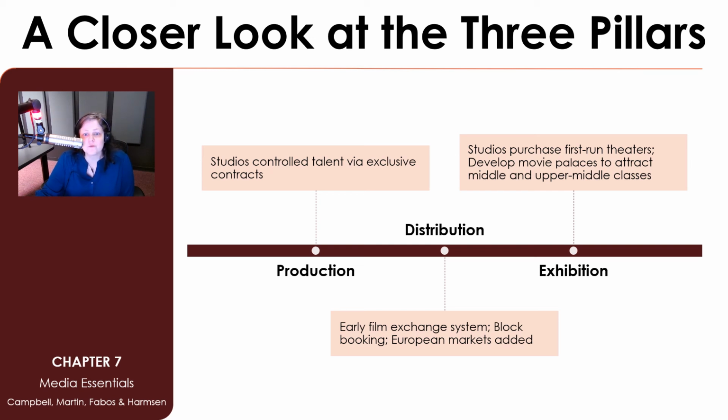Directors, editors, writers, and others were all under exclusive contracts with movie studios. The studio system proved so efficient that major studios were soon producing new feature films every week. Pooling talent, rather than patents, turned out to be a more ingenious tactic for movie studios seeking to dominate film production.